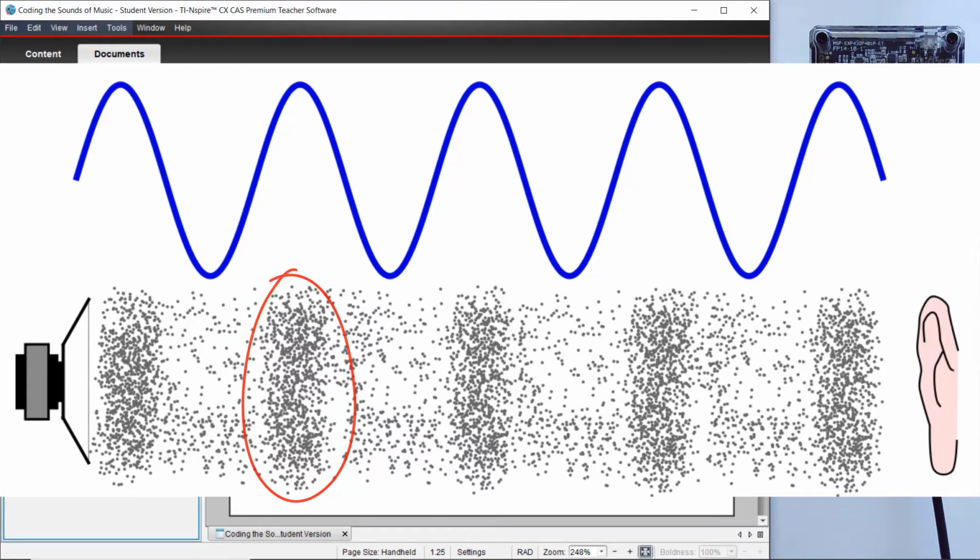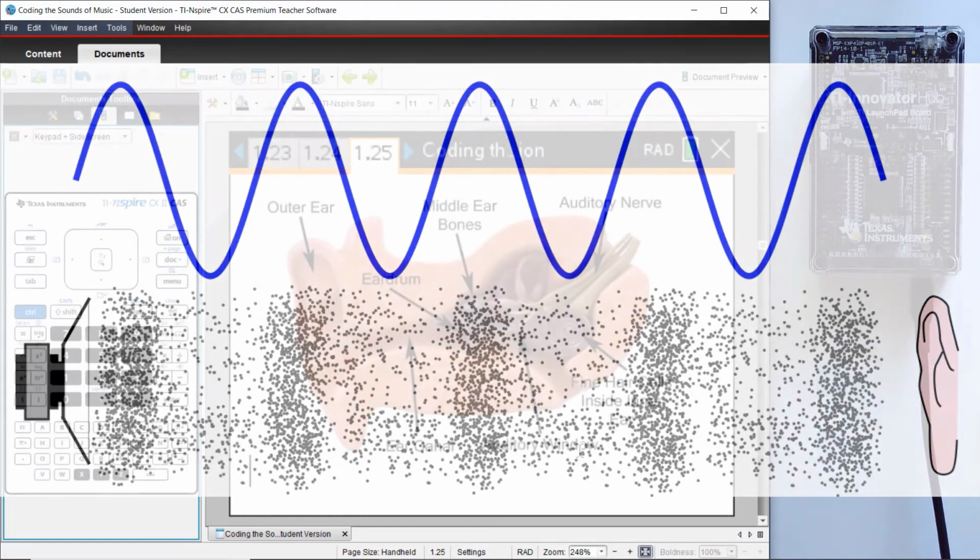And when the molecules are pulled thinly apart, well, that's a low pressure air. And the graph shows when the pressure is high, the graph is high, and when the air pressure is low, the graph is low. And the variation of this pressure can be described as this smooth wave.